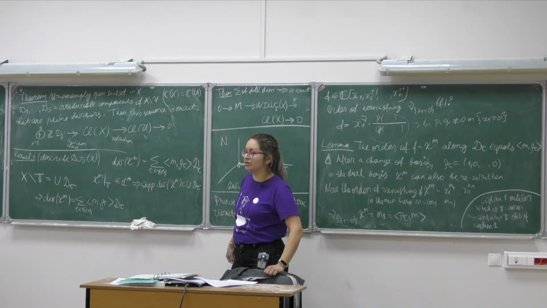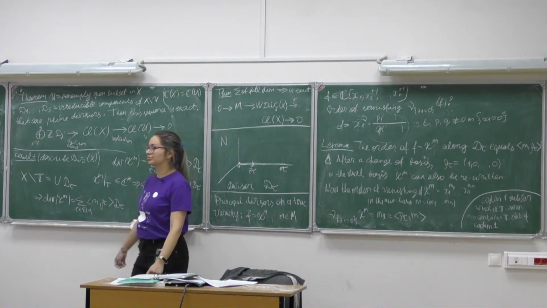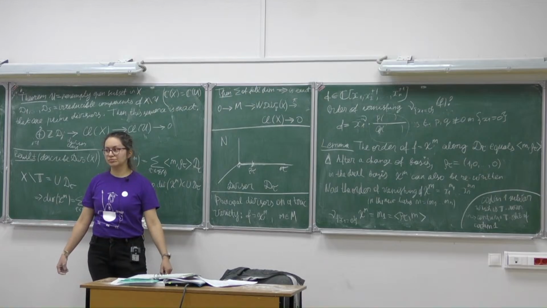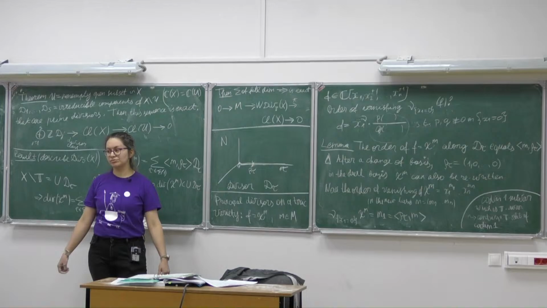If we take a union of two d tau, it will not be irreducible. Yeah, but if we have a union of d tau with some d sigma, where sigma is not a divisor, we know what is the closure.